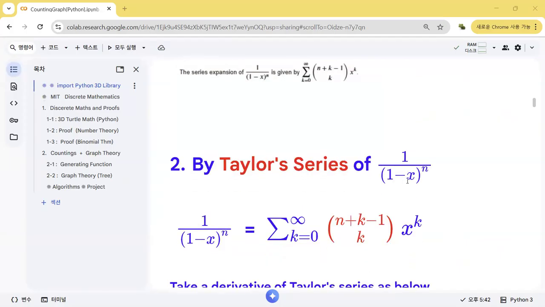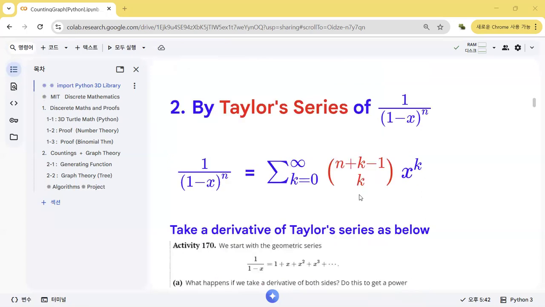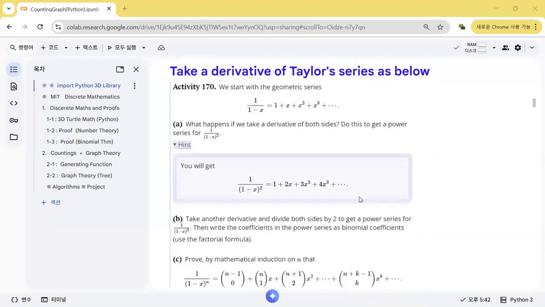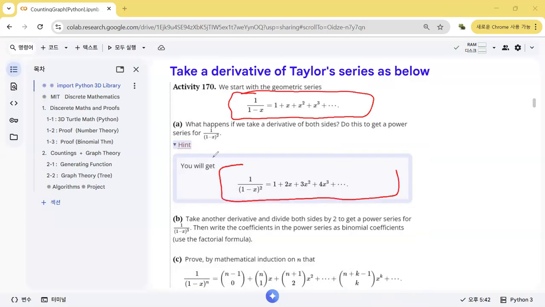But there is a second proof. You may use differentiation, by Taylor series differentiation. First of all, this one, everybody knows. And then what is the power series expansion? There are two ways.